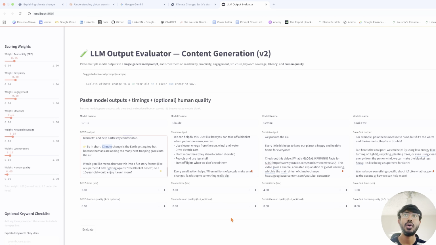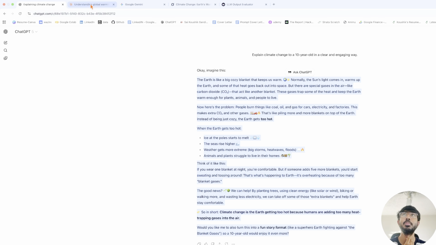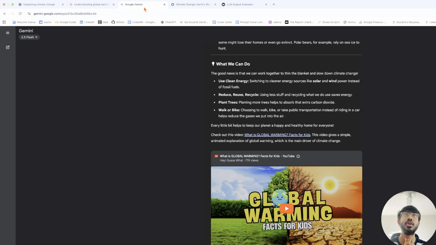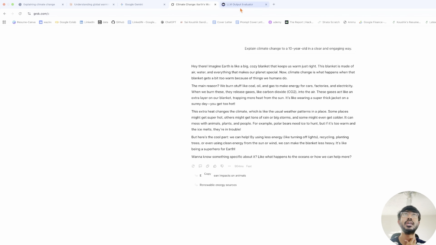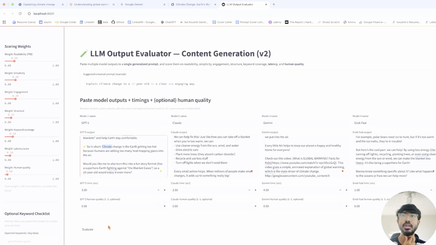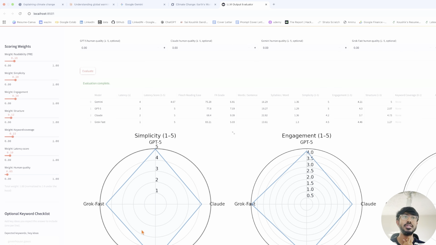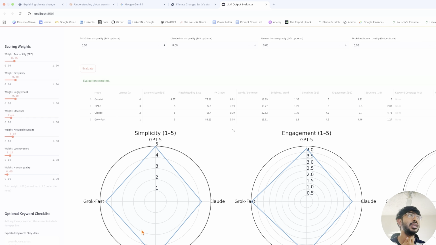For all of these models, there is also a rating you can give from 1 to 5: how are you liking the output? I gave the same simple prompt to all of them, to make sure nothing is biased, and these are the models. So now it's time to evaluate. Ta-da!